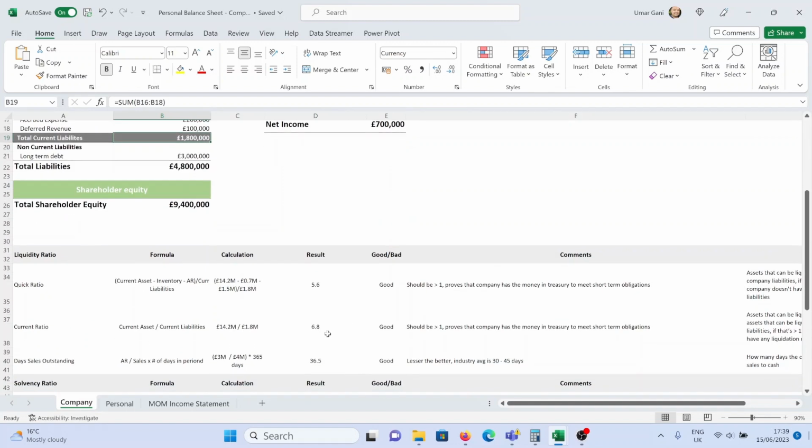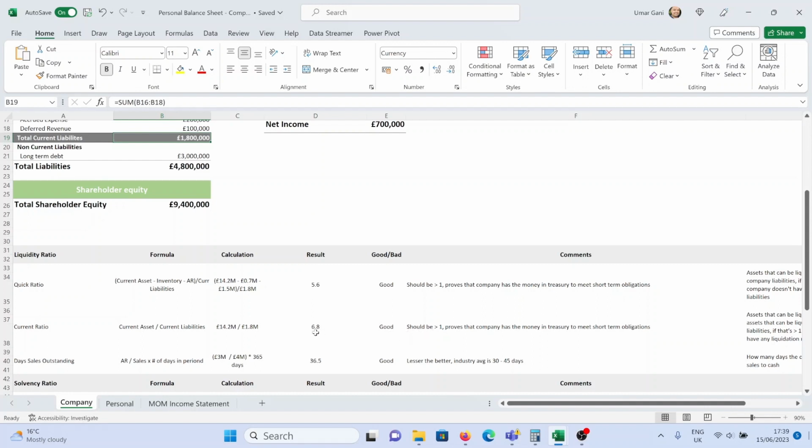This talks about how quickly you can pay back the short-term current liabilities to your vendors who have given you things on credit. So here it is 6.8, still good.